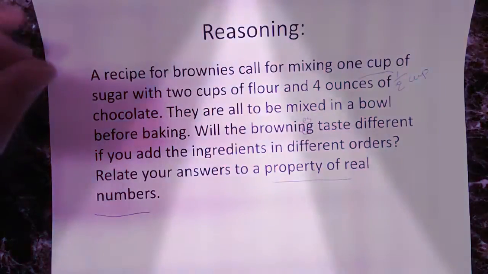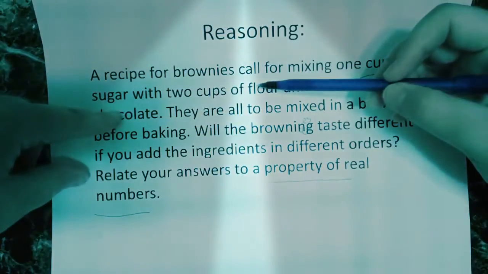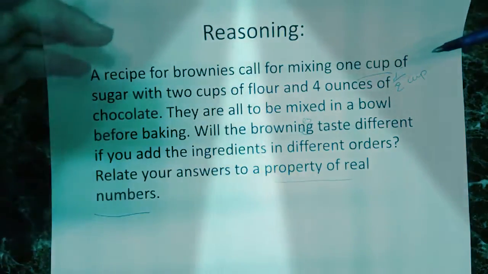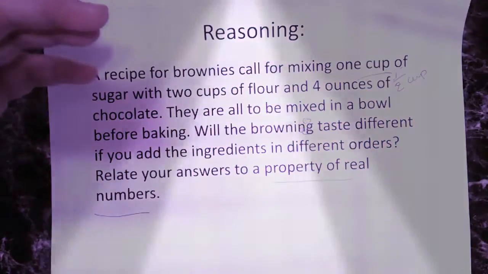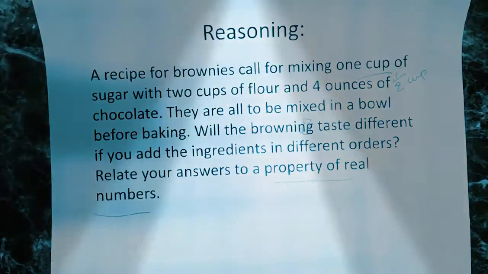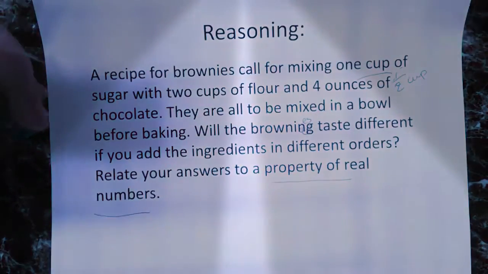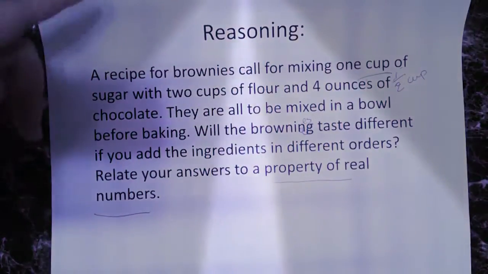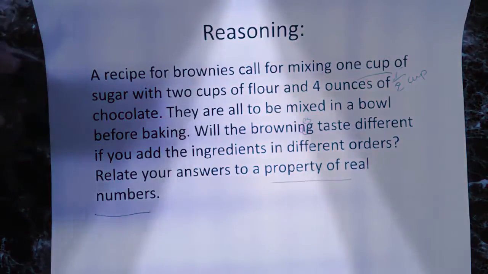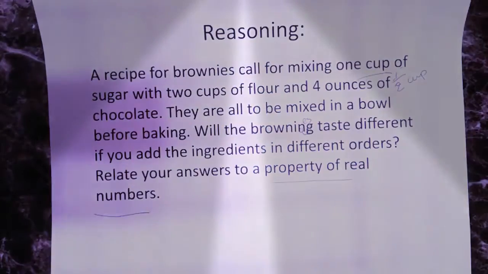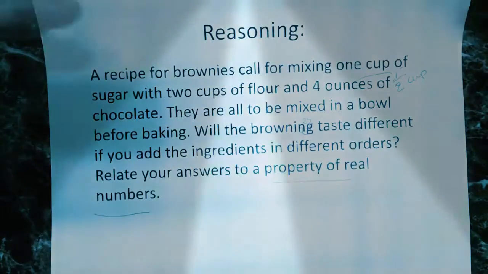So if I'm looking at this, I have 1 cup of sugar, 2 cups of flour, and a half a cup of chocolate, or 4 ounces, however you want to say it. Will the brownies taste different if you add the ingredients in different order? No. Why?